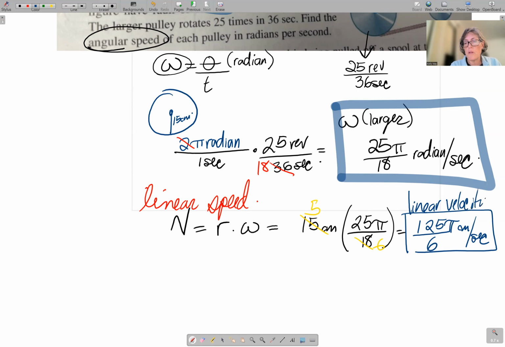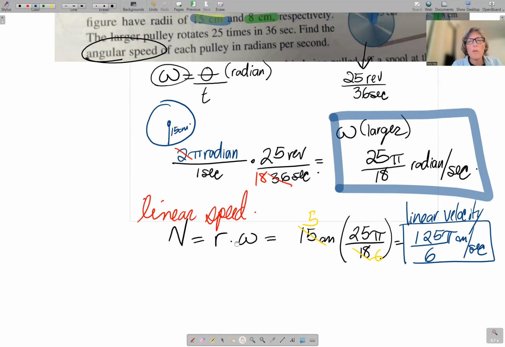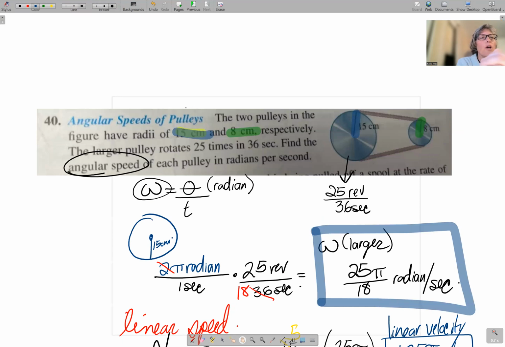The trick to this entire problem is to realize that although the angular speeds may be different, angular because it's related to number of rotations, and of course the smaller will rotate faster than the larger one, the linear speed, whatever the speed that this turns linear-wise, is going to be the same for the smaller.